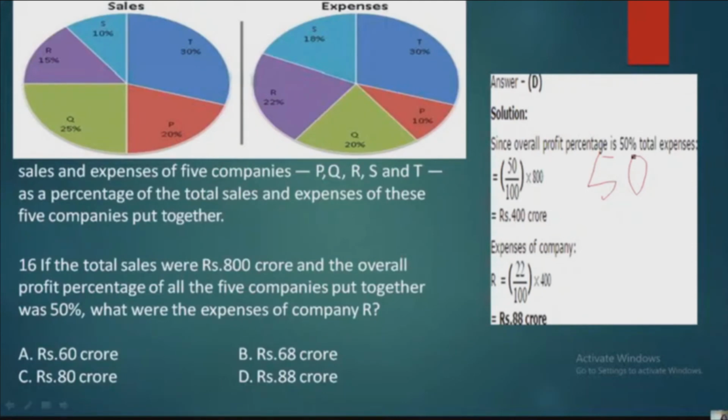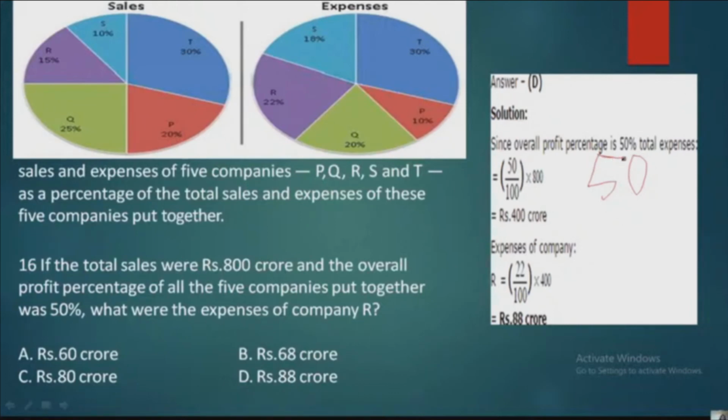You are just checking the 50% of total expenses, right? Profit percentage is 50% of the total sales. No, it's not 150, it's 50% itself. See, that's what I'm explaining.